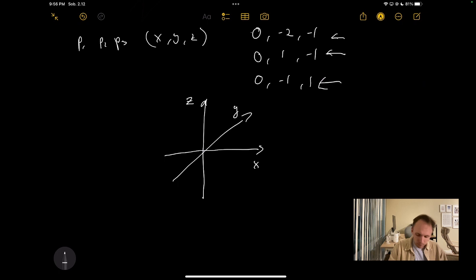So maybe a really quick comment, just to define those poses properly, as we did in SE3. A point doesn't really have a rotation, but still, we would write something like this. The first point would have a bunch of zeros and 1 here, and then the position 0, minus 2, minus 1.